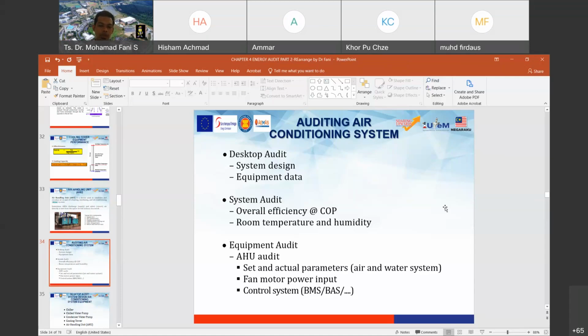Room temperature and humidity. If in the chiller system or the BMS, the building management system, we put 24 as the temperature control parameter or set point value for the aircon, so 24, what happens if the room temperature is very different?